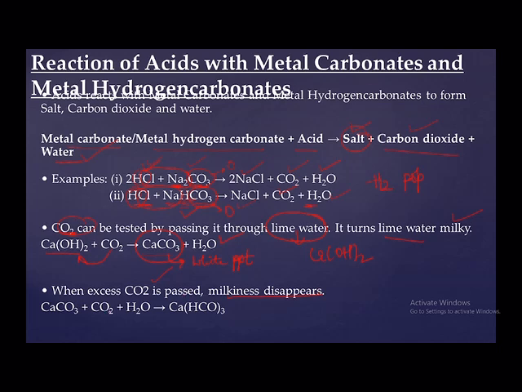Here we can see CaCO3, due to the excess of carbon dioxide, forms the product calcium bicarbonate, which is generally soluble in water. So this is how metals react with hydrogen carbonates as well as bicarbonates, and the test used to determine the release of carbon dioxide gas is passing it through lime water.